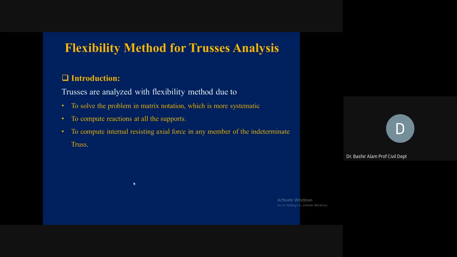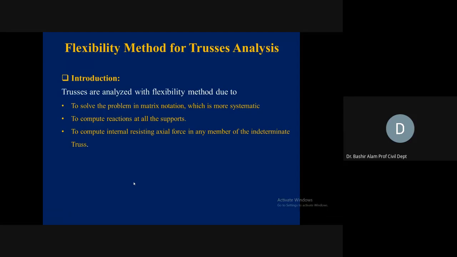Introduction to this flexibility method. First, why we use this flexibility method to the analysis of indeterminate trusses. Again, the same 3 reasons: to solve the problem in matrix notation, which is more systematic. We write the simultaneous equations. Now, solution of the simultaneous equation, if we go by the conventional method, is very difficult.